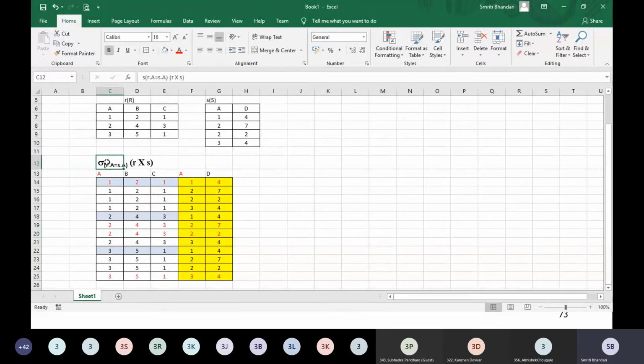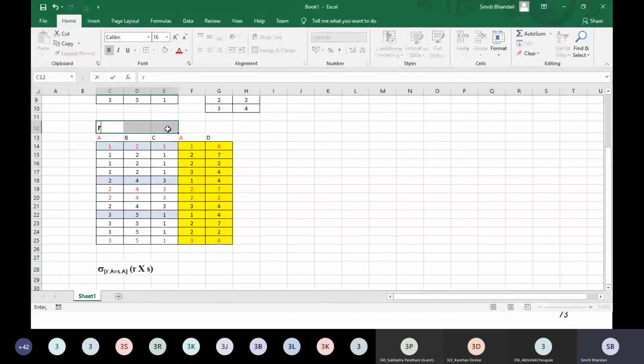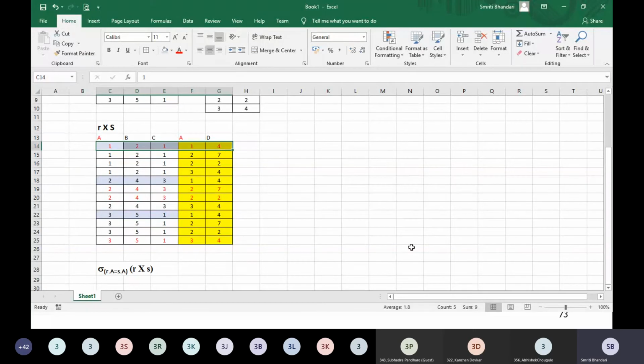So, ultimately, in this result, what I'll be having is the tuples that we have just mentioned.